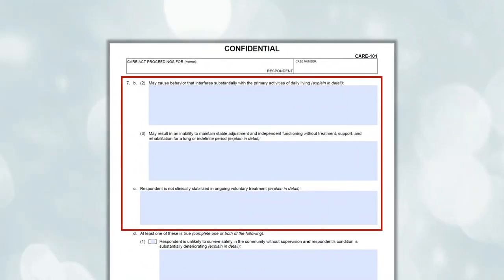This page of the CARE-101 form continues to ask you, as a behavioral health professional, to speak to eligibility requirements. Here you should explain how their serious mental disorder is causing behavior that substantially interferes with primary activities of daily living. For example, are they not able to secure shelter, housing, and regular access to food and water? Are they out in the extreme heat or cold without the right clothing or resources?